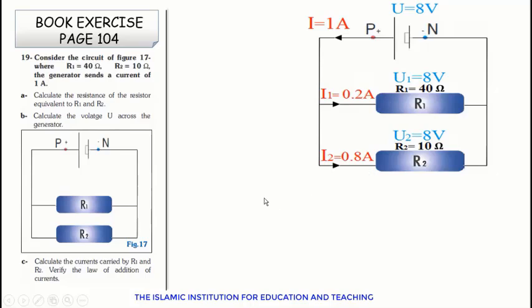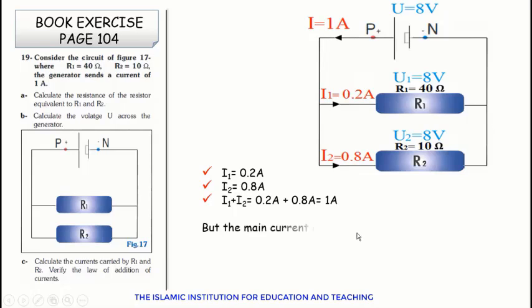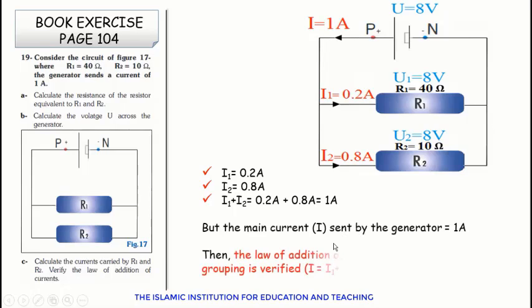Then, if we add I1 plus I2, it will be equal to 0.2 plus 0.8, which equals 1 ampere, but the main current I is equal to 1 ampere, and this is given. Then the sum of the two currents will be equal to the main current. Then the law of addition of currents in parallel grouping is verified.